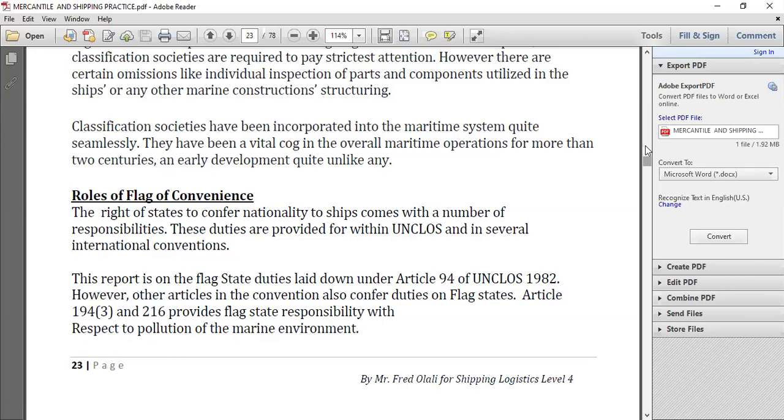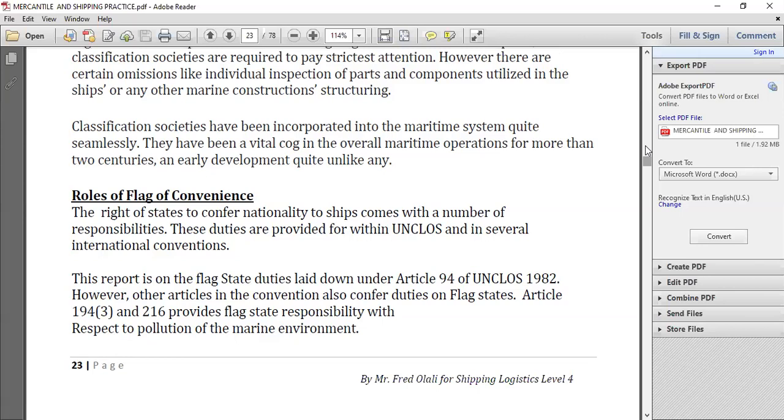For example, if the ship is trading in Kenyan waters, at the topmost mast you'll see the Kenyan flag being flown, and at the short mast you'll see another flag of another country, which shows the country where it was registered. Then when the ship leaves Kenyan waters and enters Tanzanian waters, the Kenyan flag at the topmast will be lowered and they'll raise the Tanzanian flag. That is called the flag of courtesy.